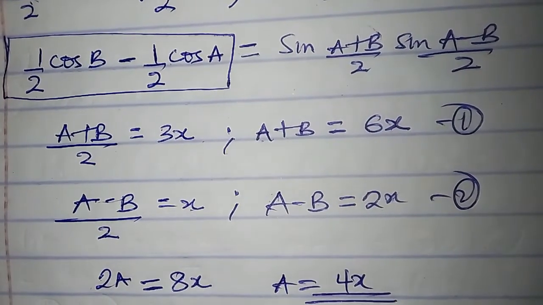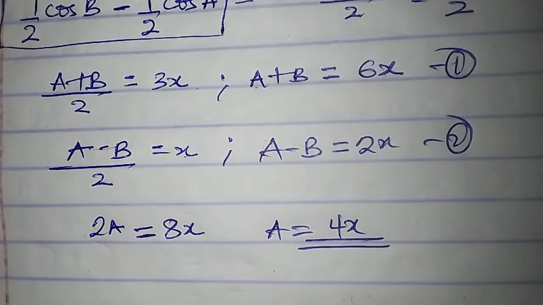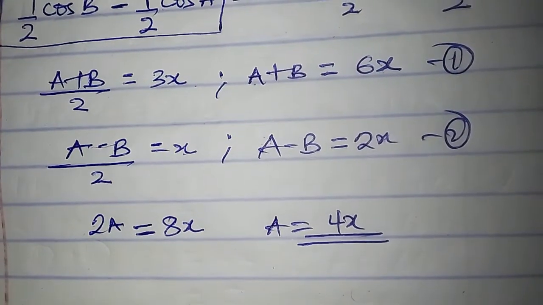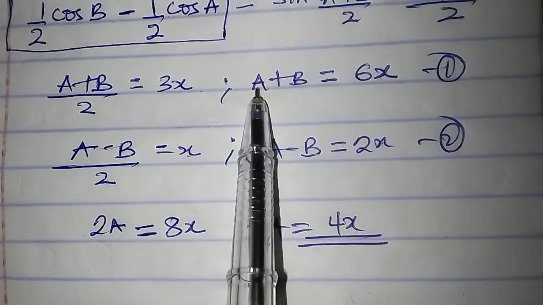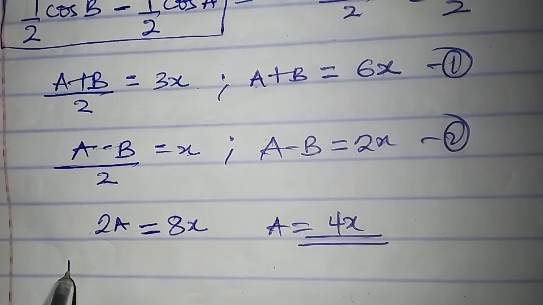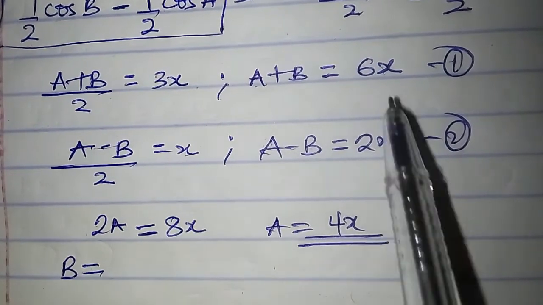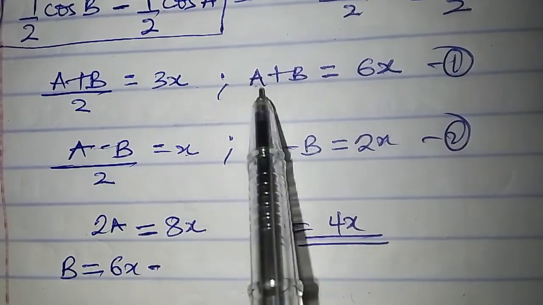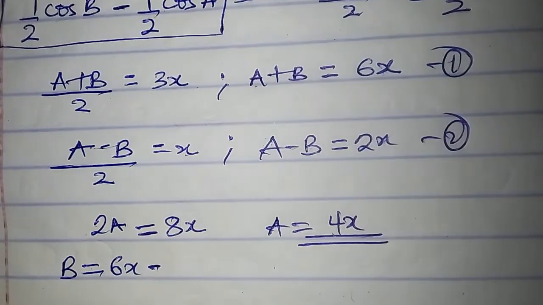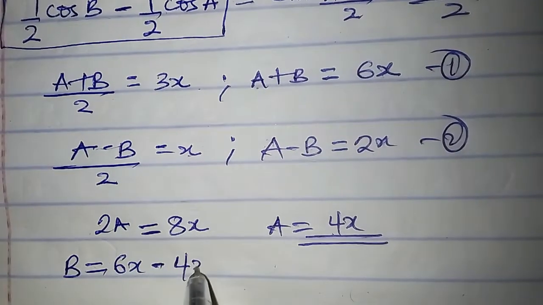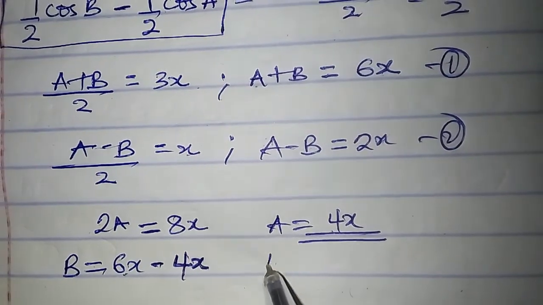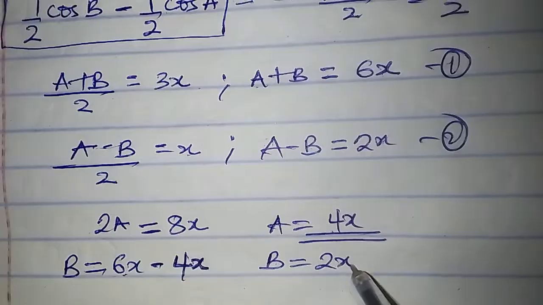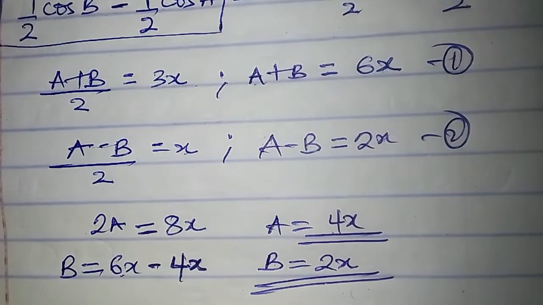It's as simple as this. So let's just make a substitution to get b. In place of a, put 4x. b will be equal to 6x minus a, and a is 4x. So 6x minus 4x is 2x. b is equal to 2x.